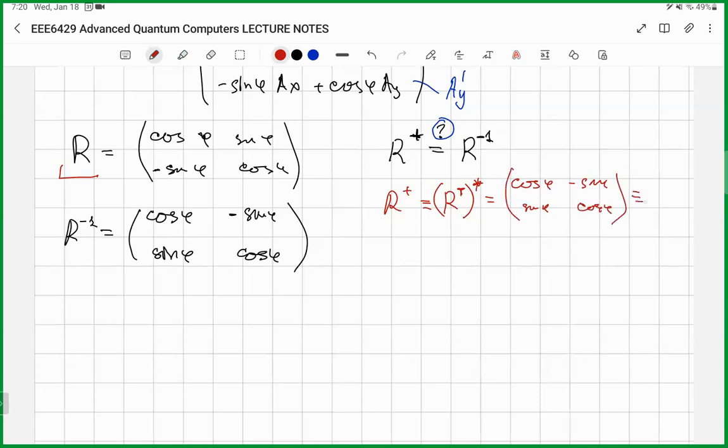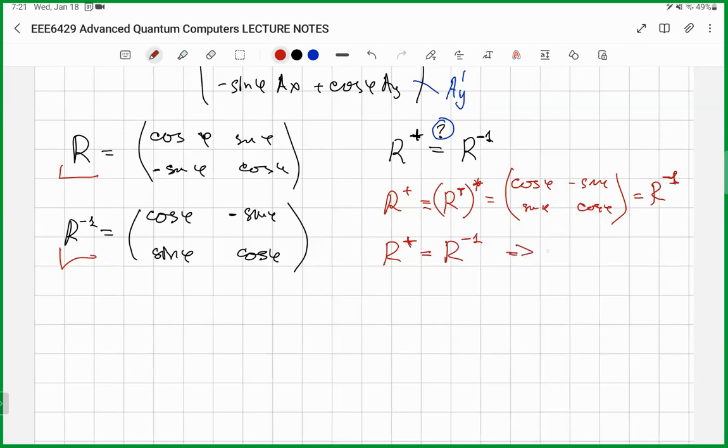Which coincides with the inverse matrix that we just defined, this inverse matrix R minus 1. So for this particular matrix, the Hermitian conjugation coincides with the inverse matrix.